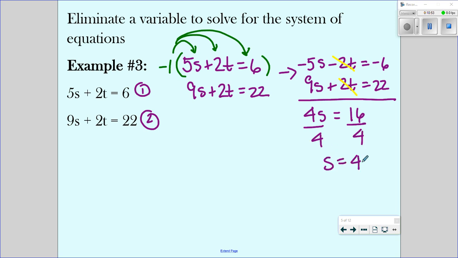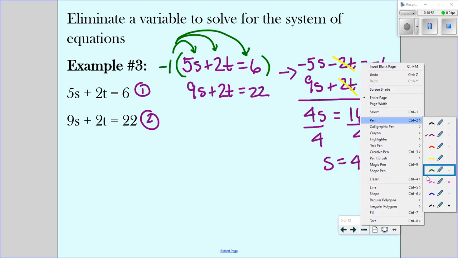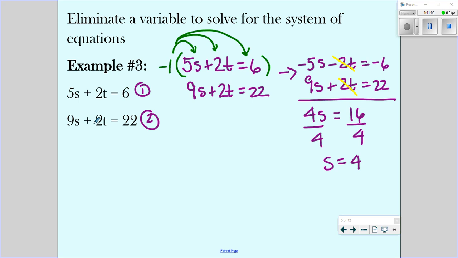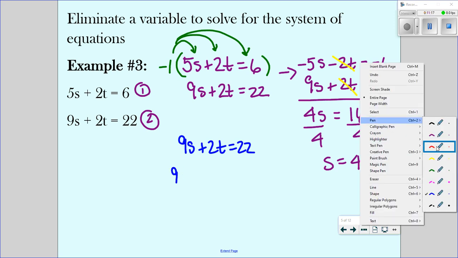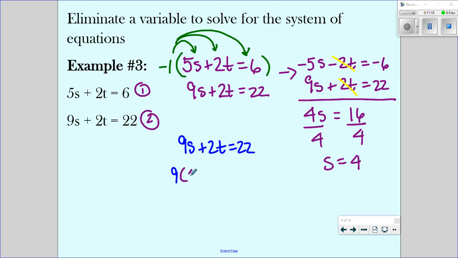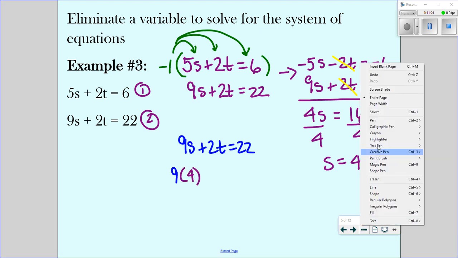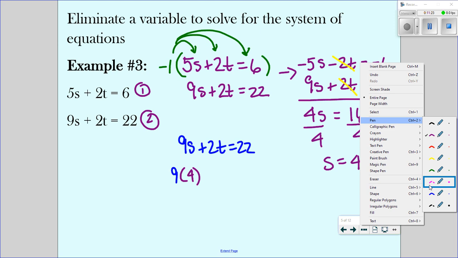All right, so I solved one of the variables. Now I'm going to change that into blue, and I'm going to go with the second equation to find t. So then it will be 9s plus 2t equals 22. Plug in s, so 9 times 4, and I'll put that in purple so you know that substitution happened in order to find t.